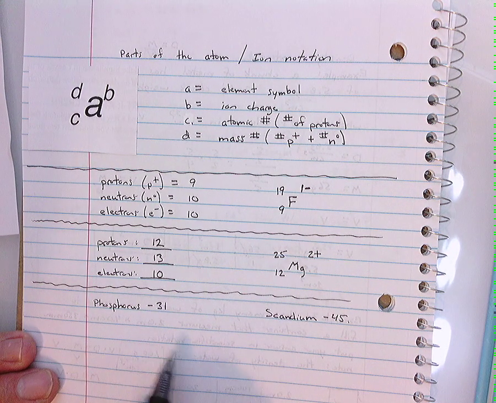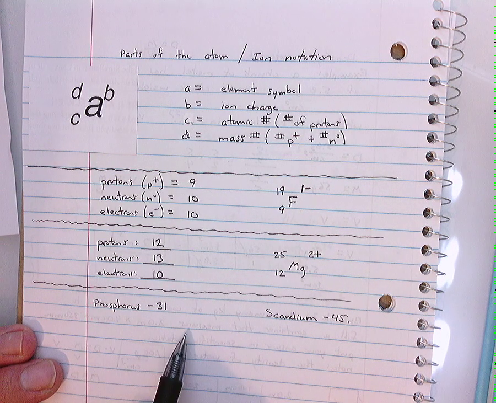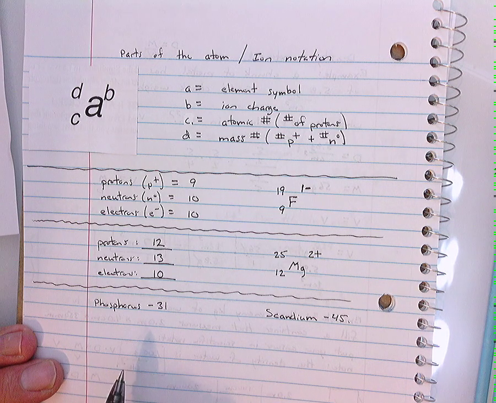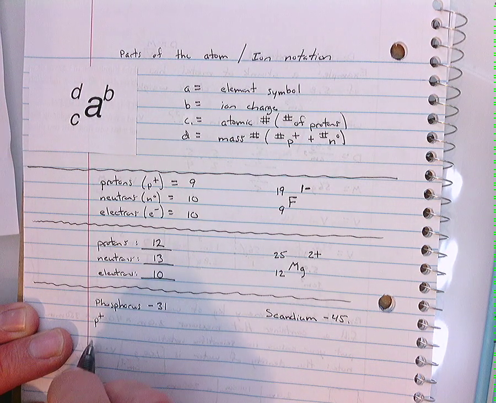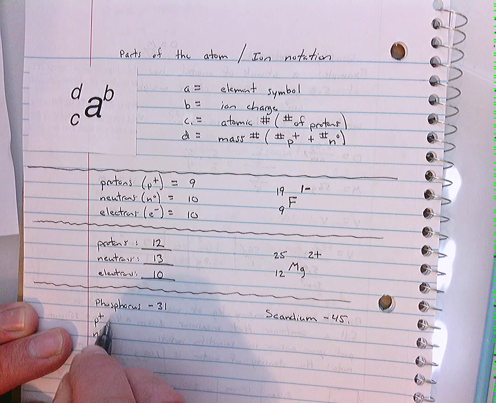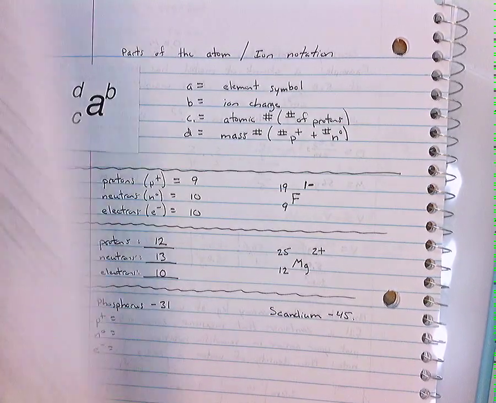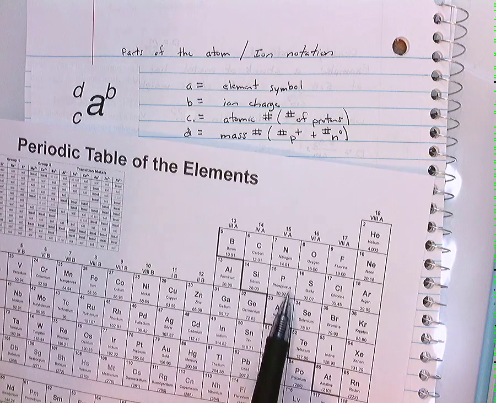Finally, down here in what we call mass notation, if we have mass notation, we are not going to have a charge. This just identifies the number of protons and neutrons present, and therefore we can assume electrons from that. So we're just going to go protons, neutrons, and electrons. So for phosphorus, we look at phosphorus, and phosphorus has 15 protons.